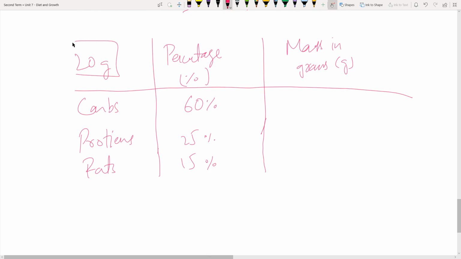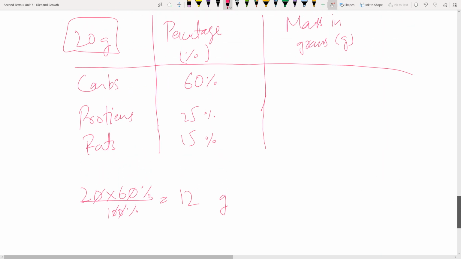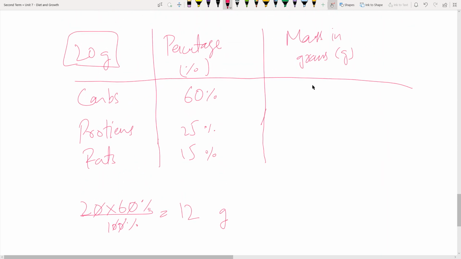Out of 20 grams, the 60% is this. So this is very simple. It is 20 into 60% divided by 100%, which gives you the grammage. It is going to be 12 grams. So the toast contains 12 grams of carbohydrates.